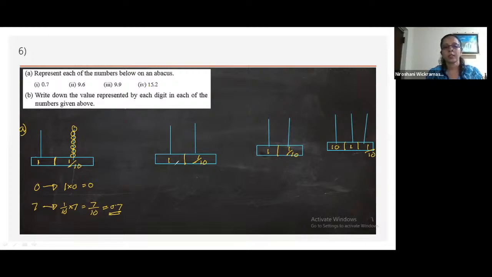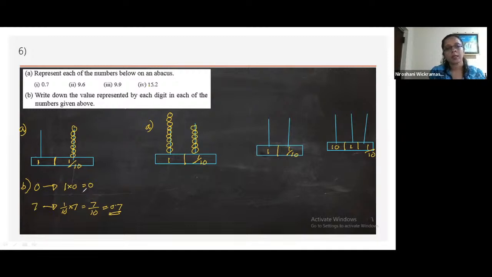And now look at this. This is the B part of this. And A part, 9.6. Draw 9 balls here. Then 6. It means unit place.